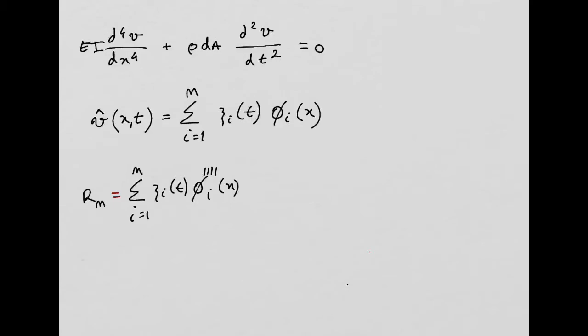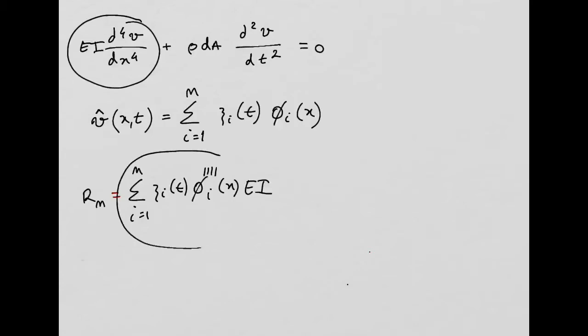So in that case, of course, I need to include here times EI. And then, yes, when I replace in this fourth derivative my exact solution v with my approximation, I get this term here, right?